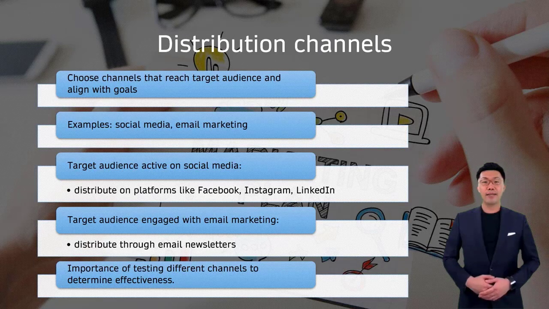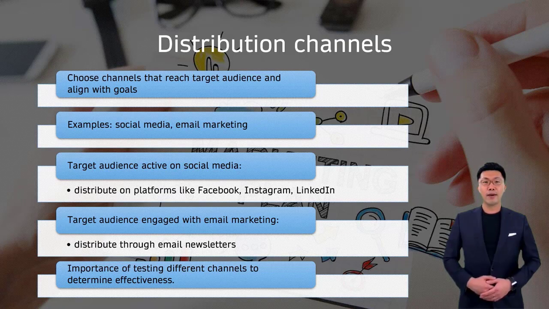The next component of a content marketing plan is distribution channels. How will you distribute your content, such as using social media and email marketing? It's important to choose distribution channels that will reach your target audience and that align with your goals.